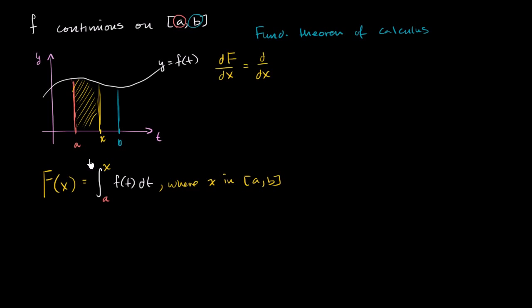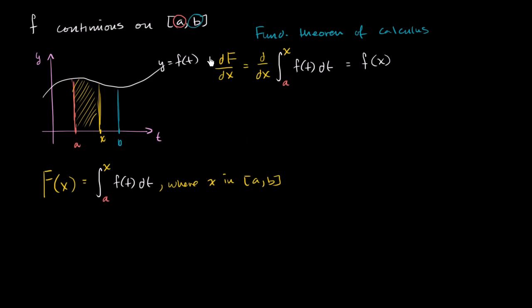Let me copy and then paste. I've defined capital F as this stuff, so taking the derivative of the left-hand side is the same thing as taking the derivative of the right-hand side. The fundamental theorem of calculus tells us that this is going to be equal to lowercase f of x.